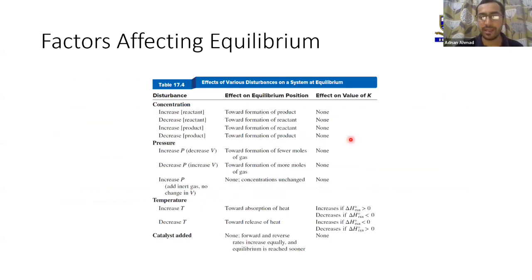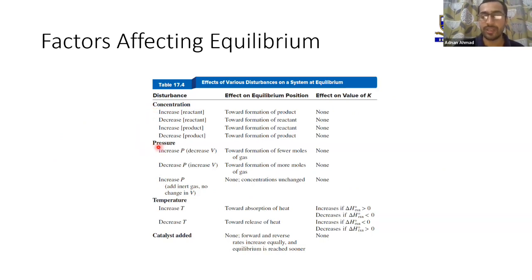This is the final table, and let's summarize how the chemical reaction is affected. The first one is concentration. We have three to four types of disturbances here. The first is if we disturb the concentration, whether on the reactant side or on the product side.